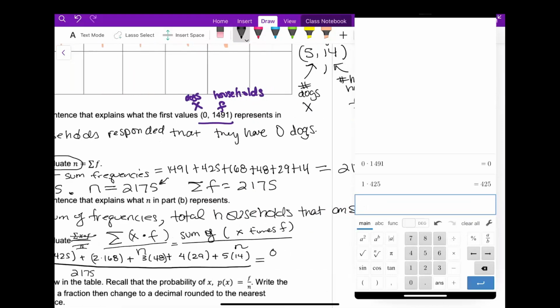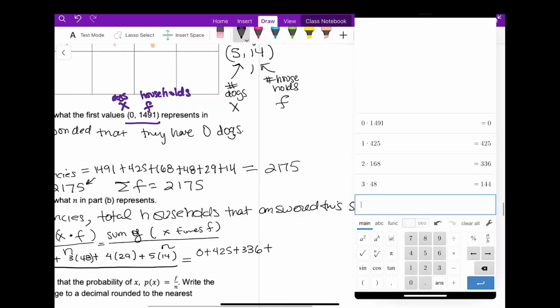So we have 0 plus 425 plus 2 times 168 plus 3 times 48, 4 times 29, and last one, 5 times 14.